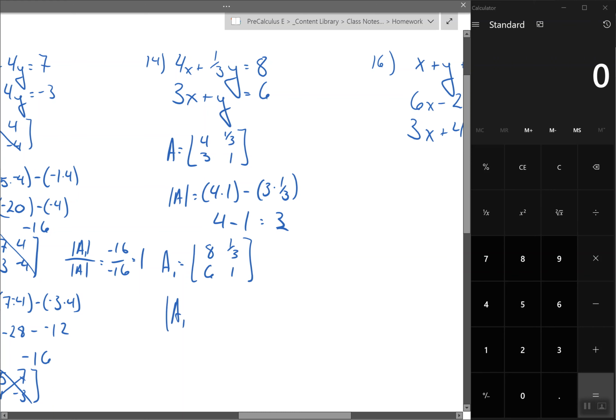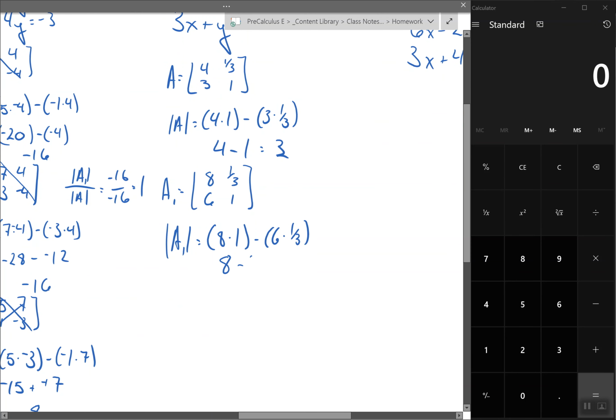And the determinant of that will be 8 times 1 minus 6 times 1/3. So we've got 8 minus 2, which is 6. So the first solution, A1 over A, will give us 6 over 3, which is 2.